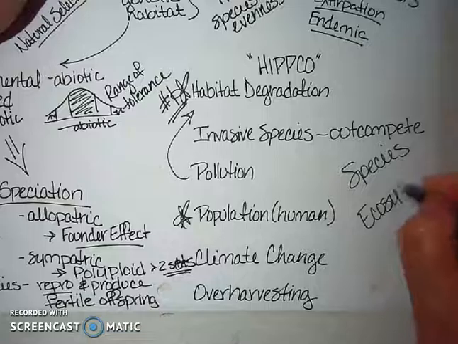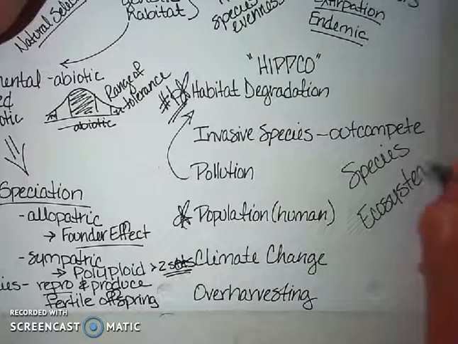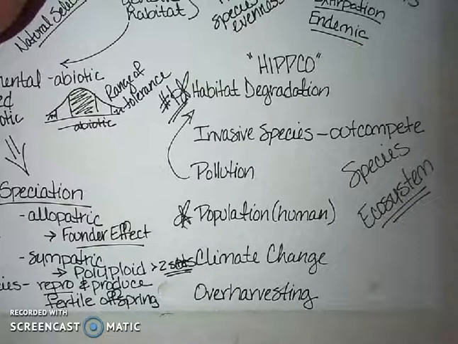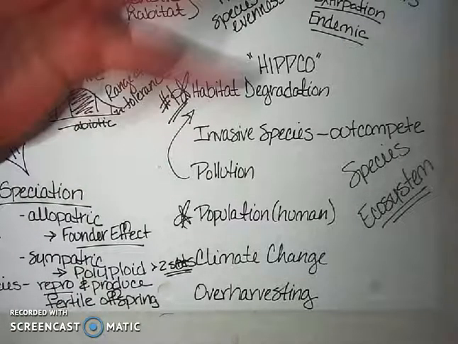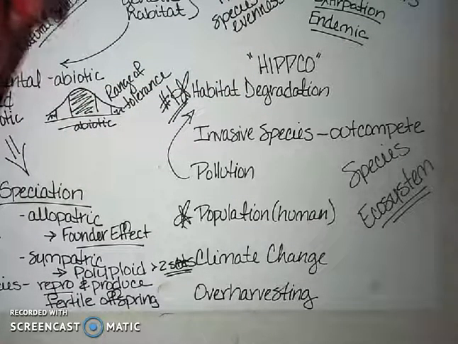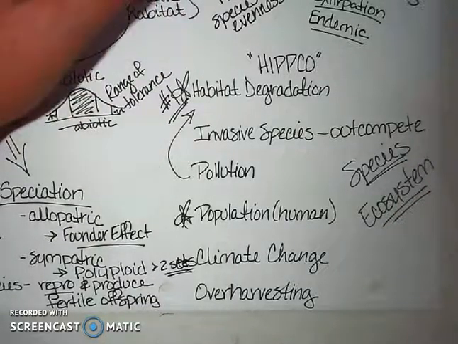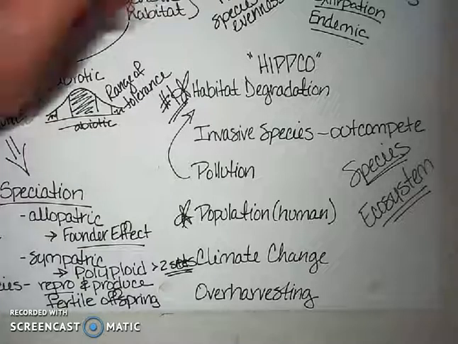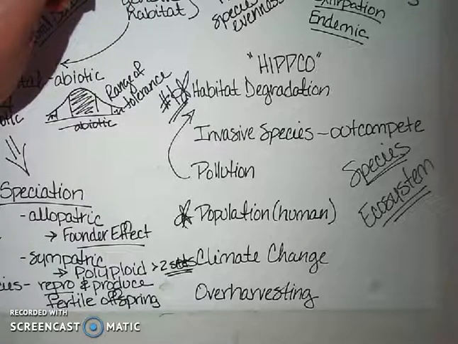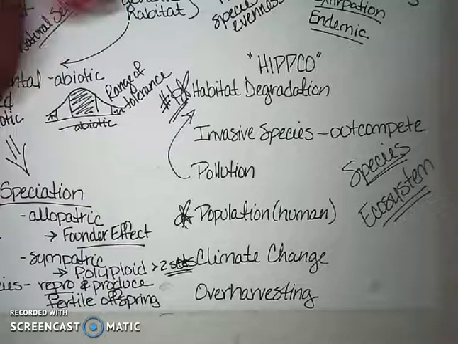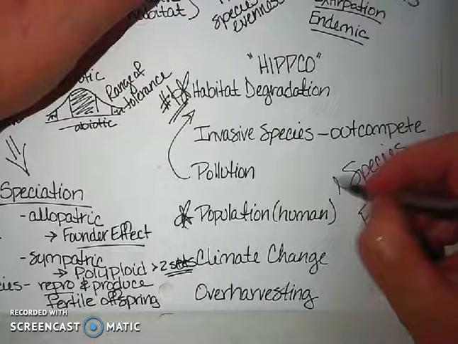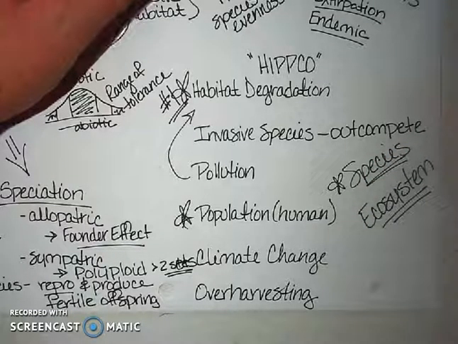An ecosystem is much better to save because you're saving the entire functioning unit, and it also saves a ton of species. However, species sometimes are easier because we can use little flagship species like the panda, things that we think are cute.